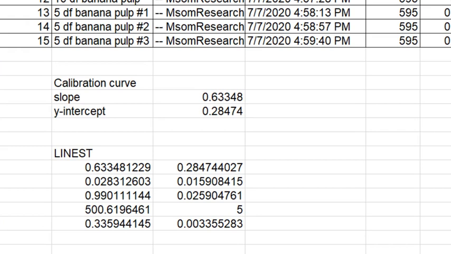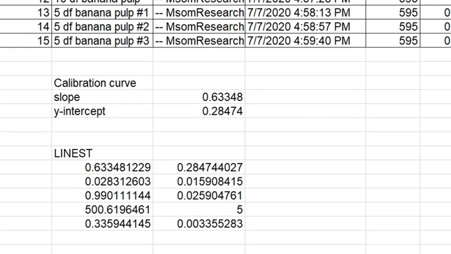Other statistical parameters are the degrees of freedom, 5 degrees of freedom because we had 7 value pairs and 2 parameters, slope and y-intercept. And the rest of the LINEST function's returns are from a full statistical analysis of that fit.